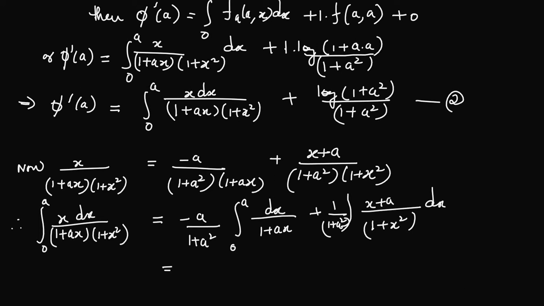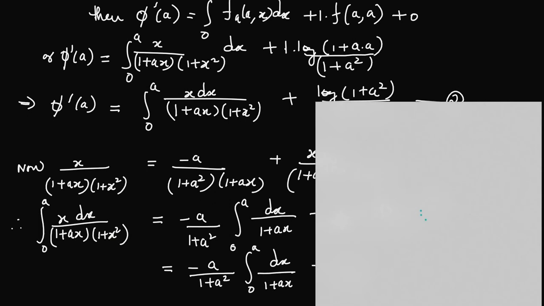Let me simplify this one. It will be minus a by 1 plus a square, then integral 0 to a, dx divided by 1 plus ax. This will remain as it is. Now the next one will be 1 by 1 plus a square. Now here we have x dx.